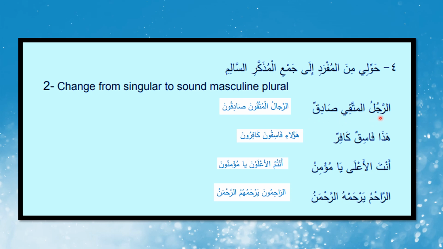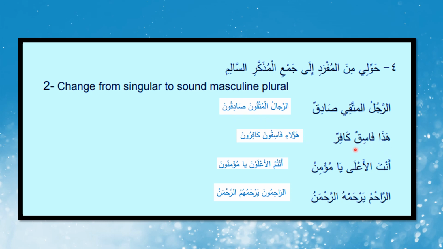The plural of rajul is a broken plural, rijal. And al-muttaqun, from muttaqi it will be muttaqun, the ya will be deleted, and sadiqun. So if the mubtada is changed, the khabar will also change in number.